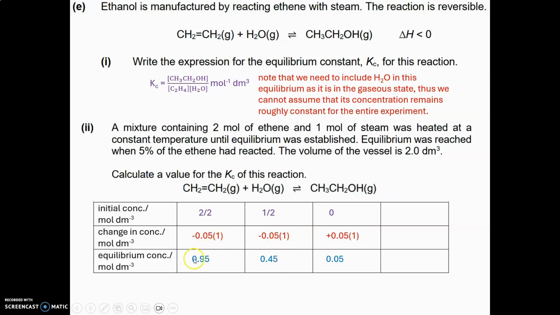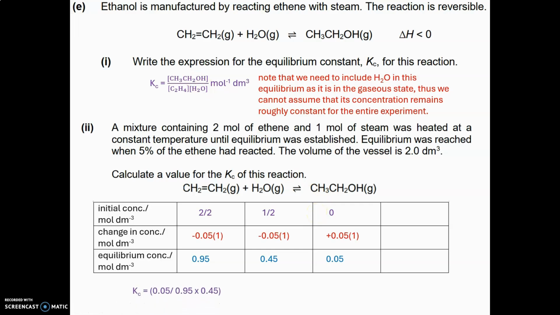So these are the equilibrium concentrations of ethene and steam. The final change in concentration of ethanol will be plus of this, because all of them reacted in a 1:1:1 stoichiometry. So the equilibrium concentration of ethanol is 0.05, and then I'll just substitute it into my Kc expression.